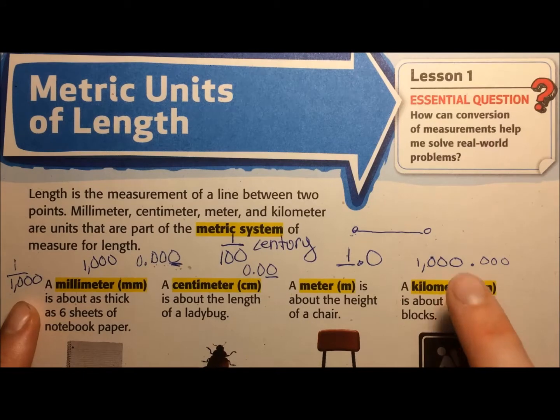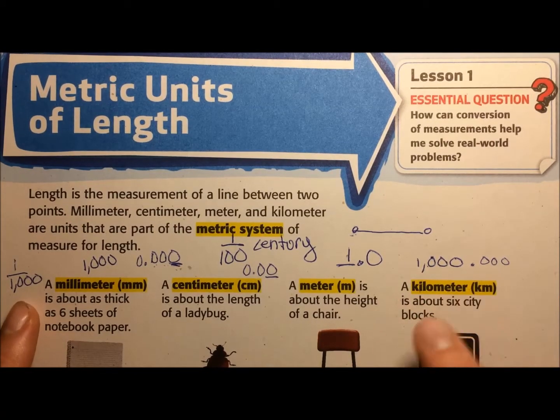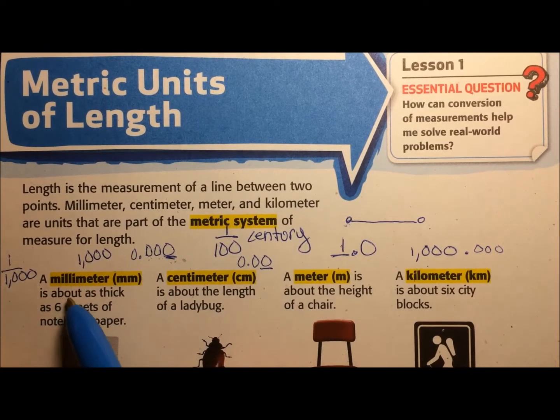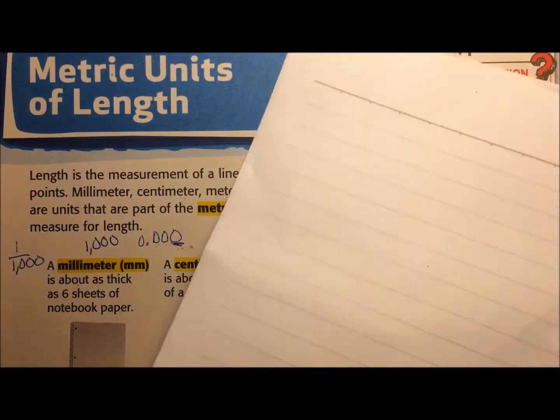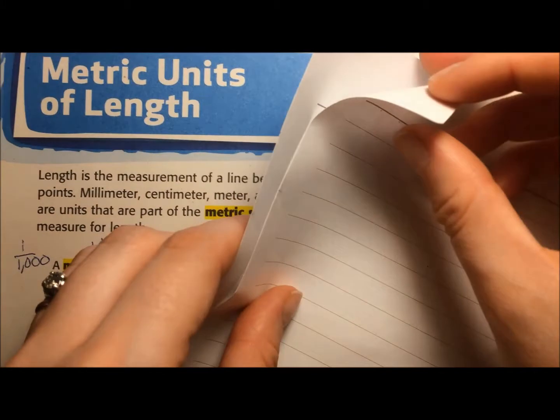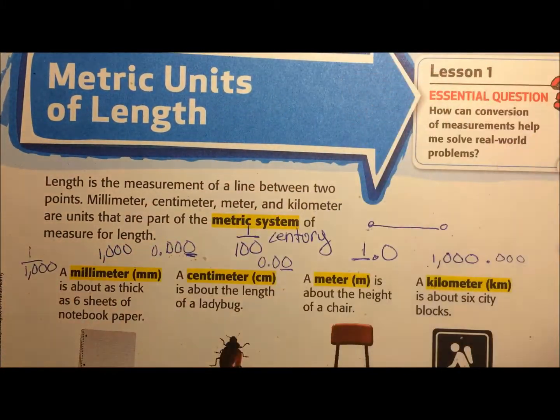So kilo and milli, they're both 1,000. But kilo is the large one, and milli, with the i on the end, is a small one. Okay, so a millimeter is about as thick as 6 sheets of notebook paper. So basically, if you had notebook paper, like I do here. So 1 sheet, 2 sheets.